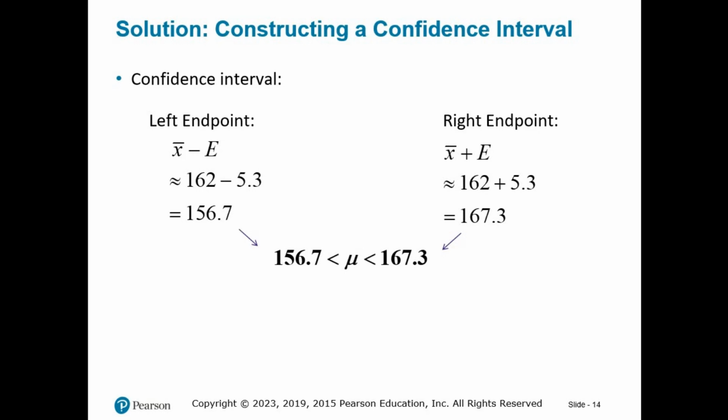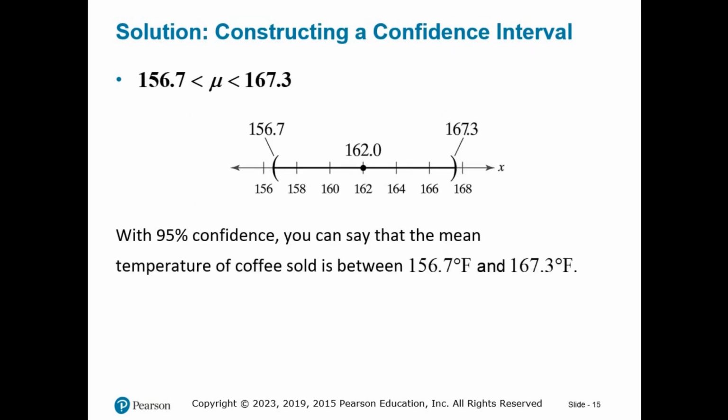Here's what it looks like on a number line and written as an inequality. And here's how we could word our conclusions correctly. With 95% confidence, you can say that the mean temperature of coffee sold is between 156.7 degrees Fahrenheit and 167.3 degrees Fahrenheit. Very good.